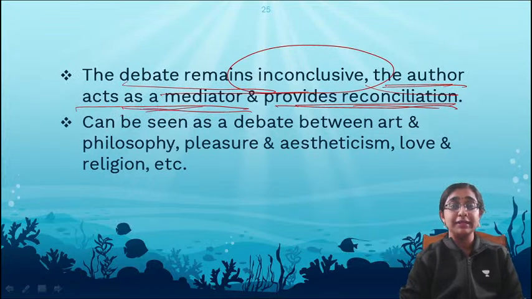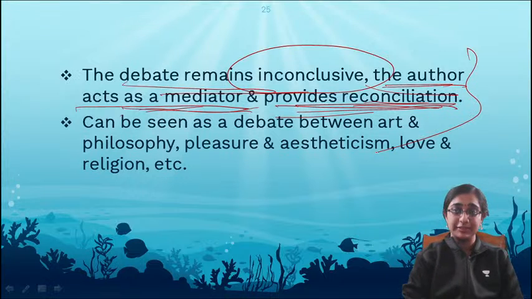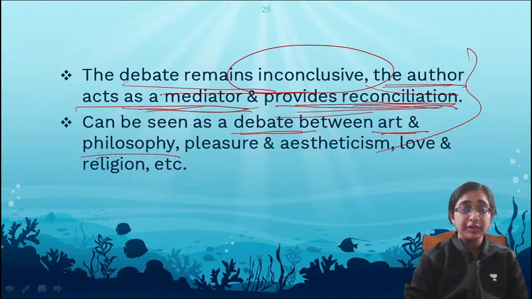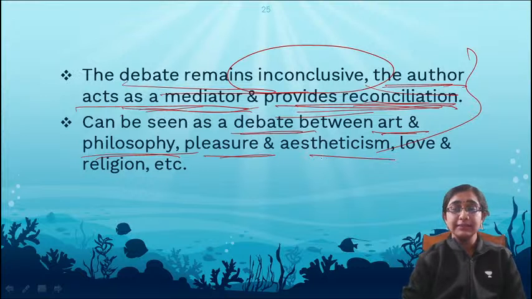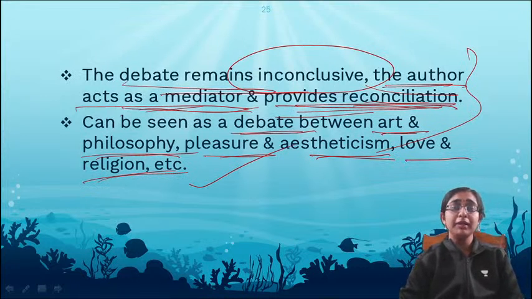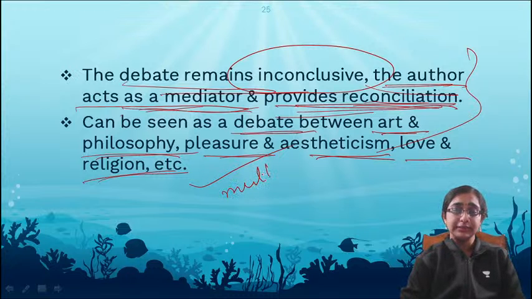He came as a mediator and provided some kind of reconciliation just to end the debate. Critics have also interpreted this debate as a debate between art and philosophy, pleasure and aestheticism, and love and religion. So this poem can be interpreted in multiple ways.